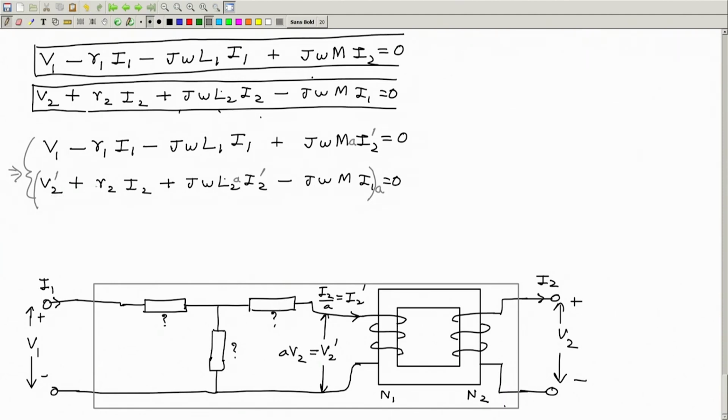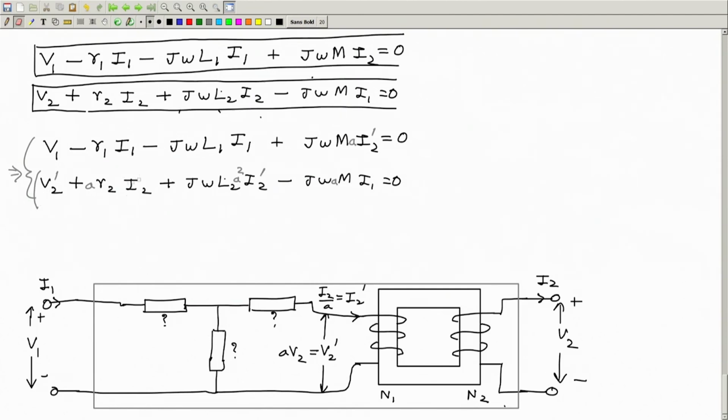I will have A here. This will become A square. This A I write inside. So I have multiplied throughout with this factor A.